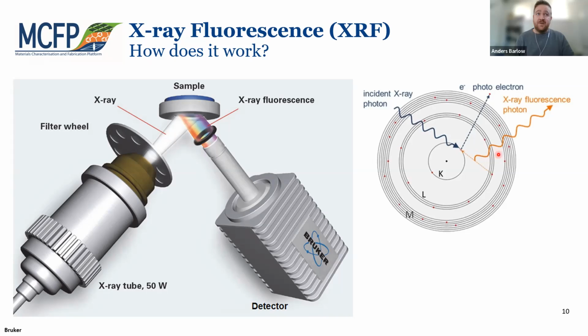So we get lots of different energies coming off from the different elements. Depending on how big that element is tells us how many different X-ray photons we're going to get out, either coming from the K shell, L shell, M shells, for example, but they basically become a fingerprint for the atom that you're looking at. So the peaks that we get from those spectra tell us what elements we have.